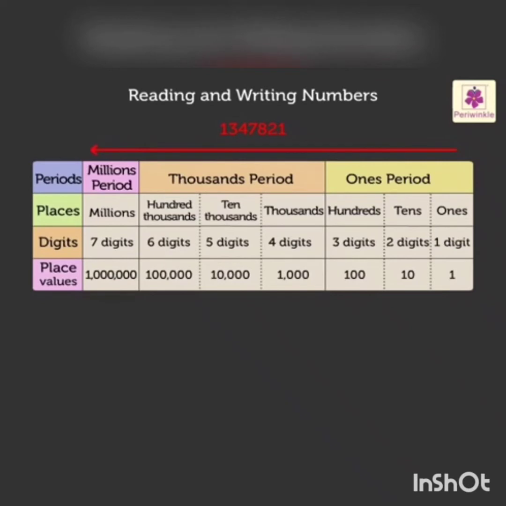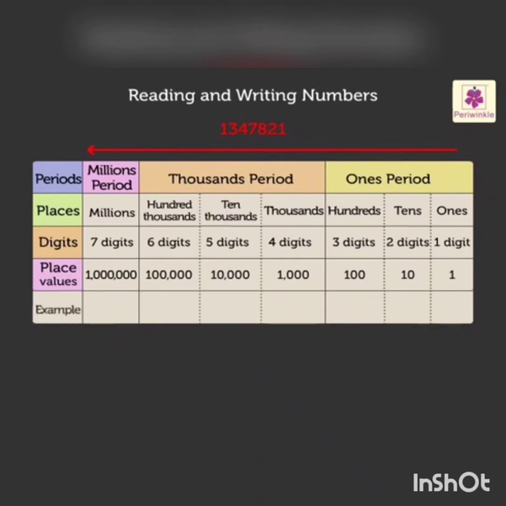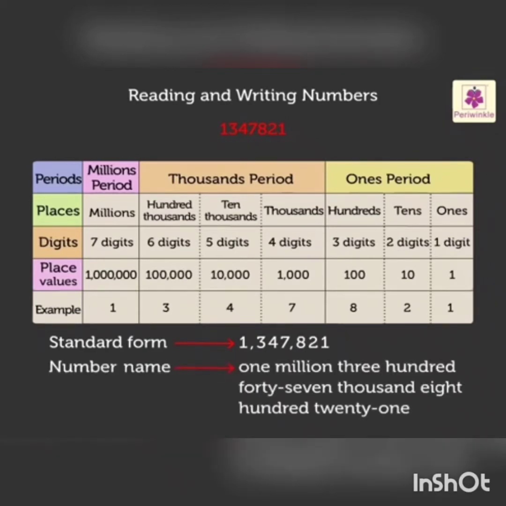We begin from the right and insert a comma after every 3 digits and we divide the number into its periods and read each period separately. So, we write the given number in standard form as 1,347,821. And we read it as 1,347,821.